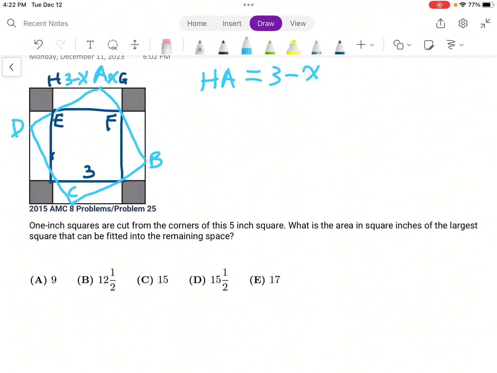If square ABCD is a valid square, then these triangles are right triangles. And here, angle EAF is also a right angle.